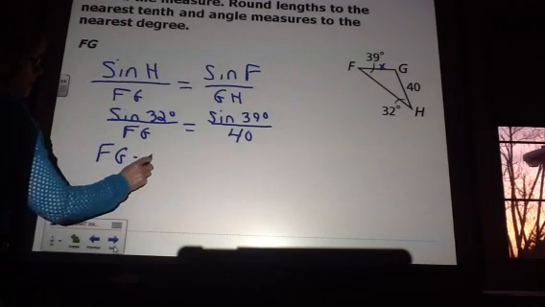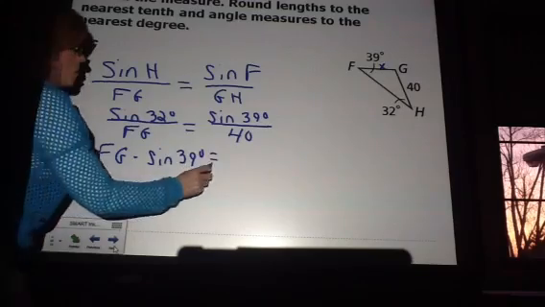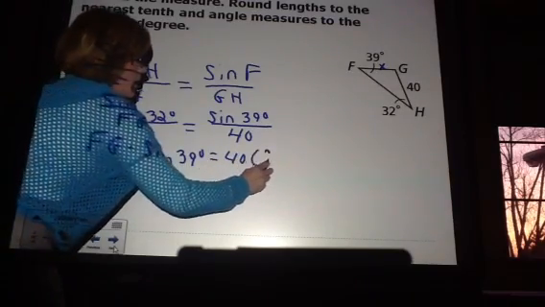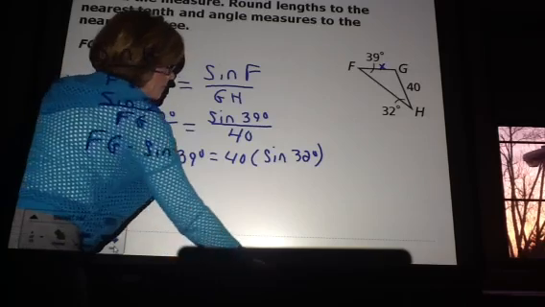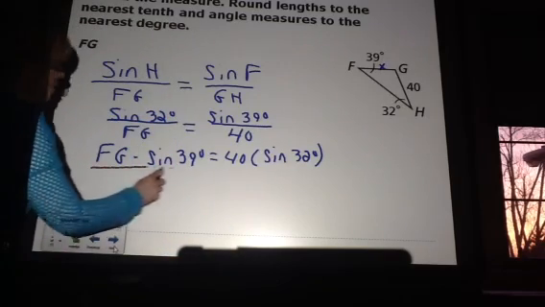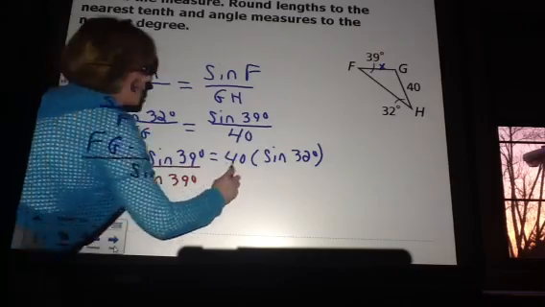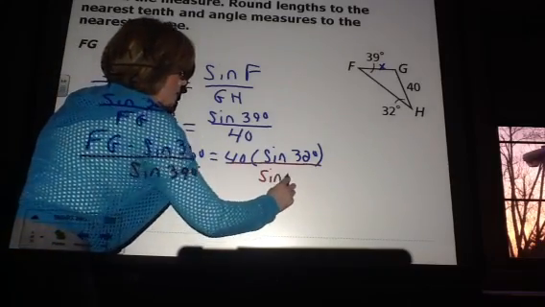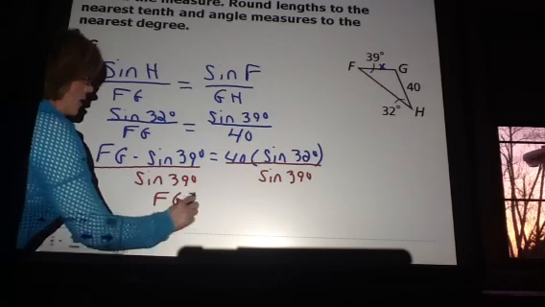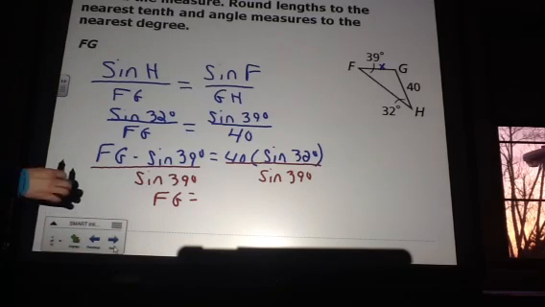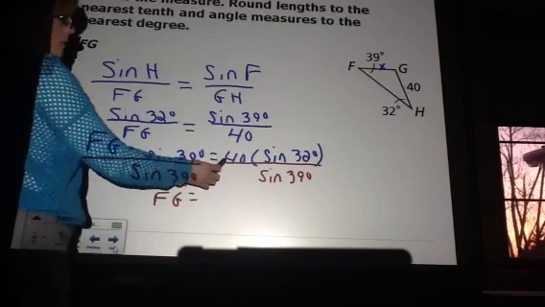Do your cross product. So FG times the sine of 39 degrees equals 40 times the sine of 32 degrees. Then you need to divide both sides by the sine of 39 degrees. And therefore, FG, now class, you need to key all this in your calculator at once and round at the very end.